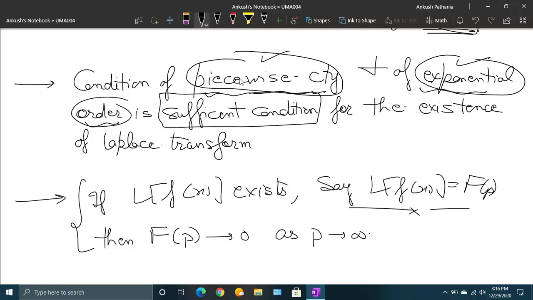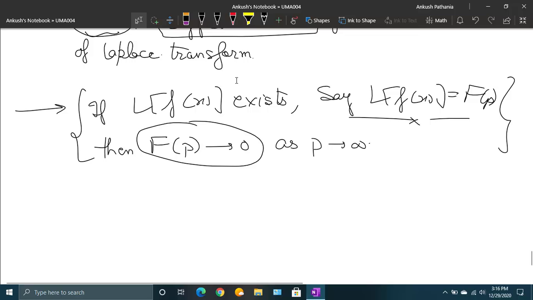So this is one of the important relations, that whenever you are finding the Laplace transform of a given function, whatever Laplace transform you get will always tend to 0 as p tends to infinity.